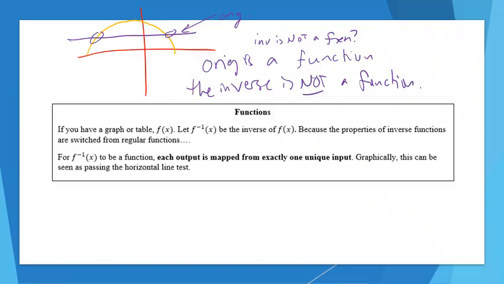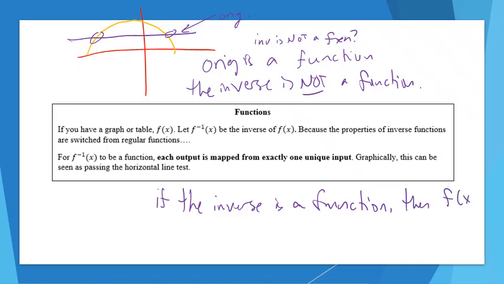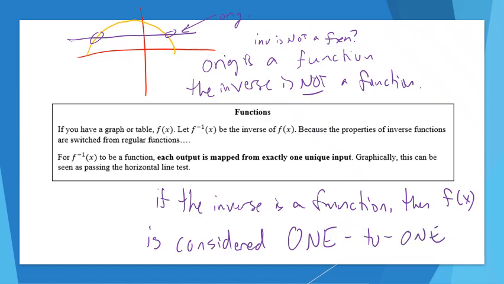And so if the original is a function and the inverse is a function, then f(x), the original, is considered, and write this down in your notes, 1-to-1, right? And that just means it passes the horizontal line test.